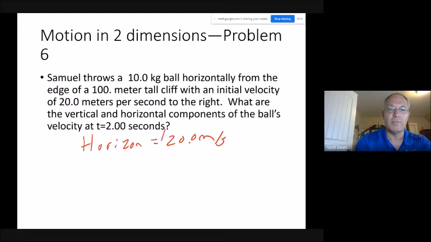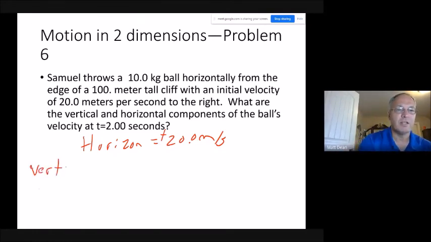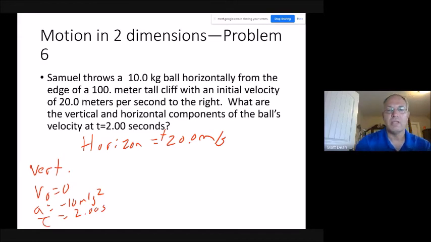And we're going to just say plus 20, 20 to the right. Vertically, though, this thing is changing. We started off with a vertical velocity of 0. We're accelerating at -10, and in this case, we're doing that for a time of 2 seconds. So we can calculate a vertical component by saying v equals v0 plus at.